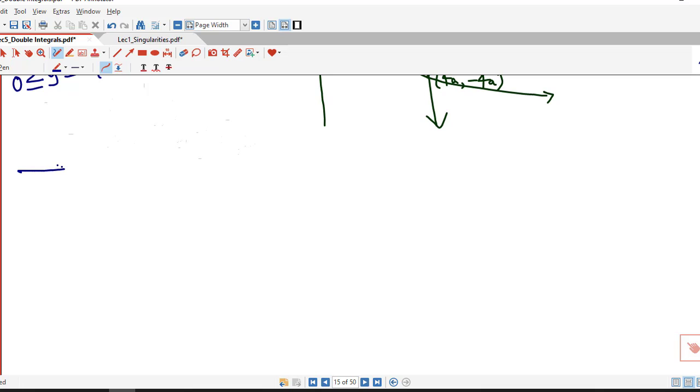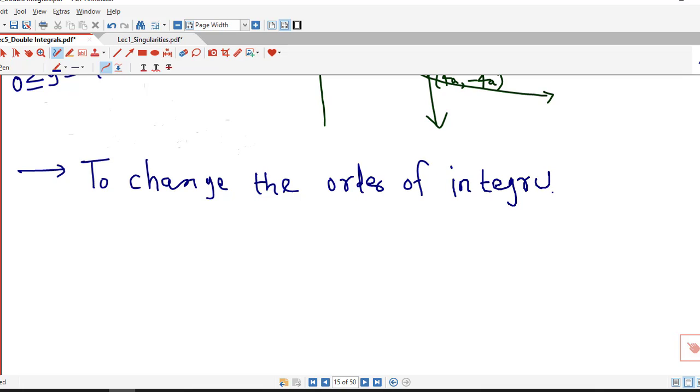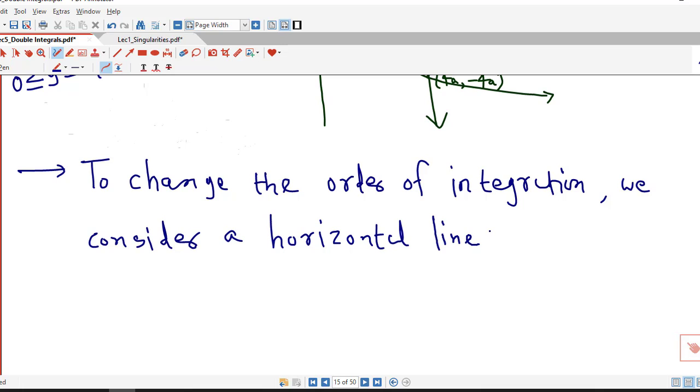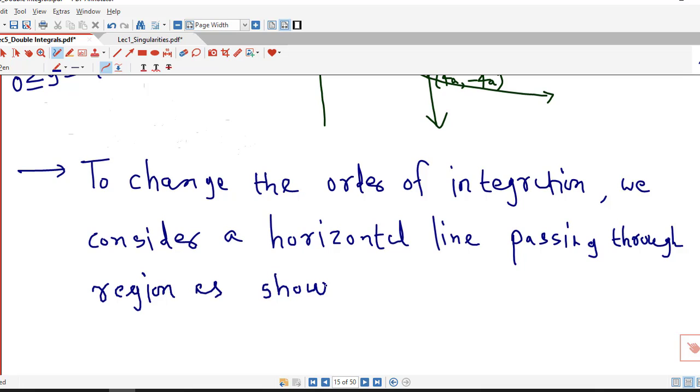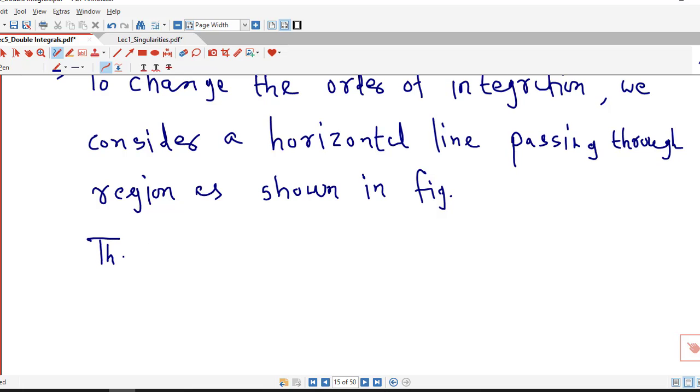So now we have to write all these things. First we write that to change the order of integration, we consider a horizontal line passing through the region as shown in the figure, and then we write down the new limits of integration.